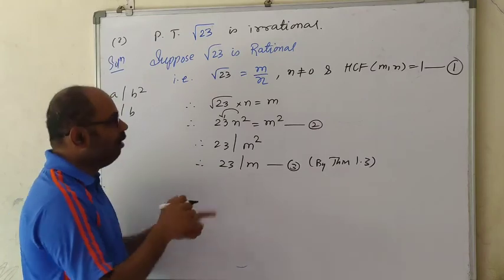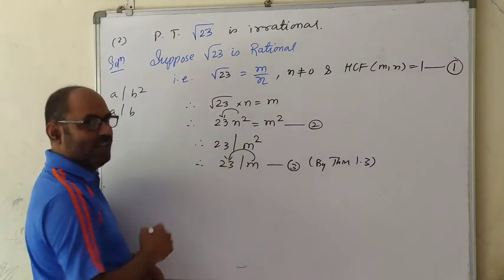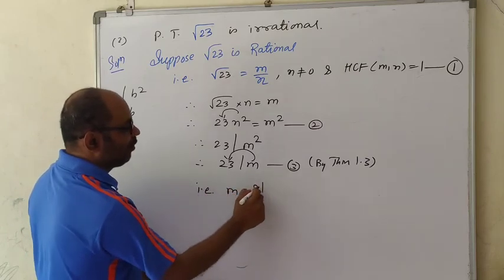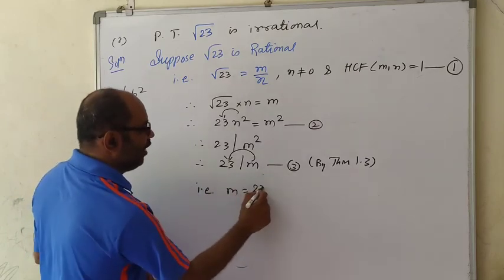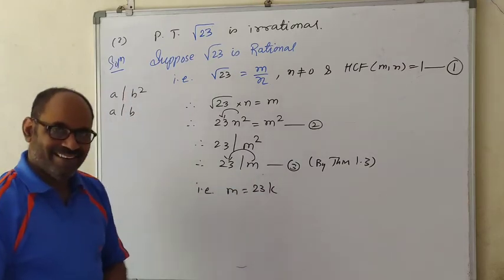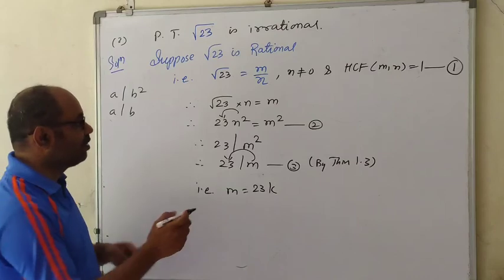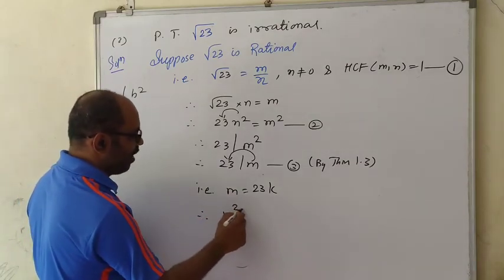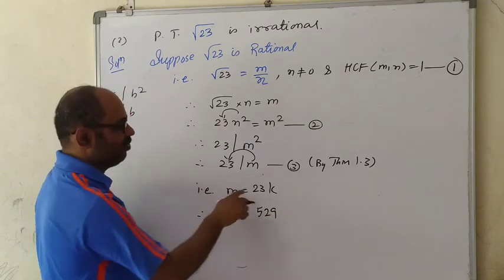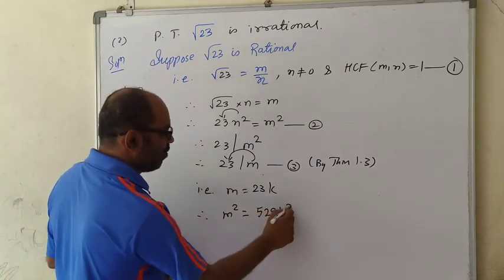Now the reverse. M is a multiple of 23. That is, M is equal to 23 K. So this is a multiple of 23. Correct? Squaring both sides. Therefore, M square is equal to 529, 23 23s are 529, K square.